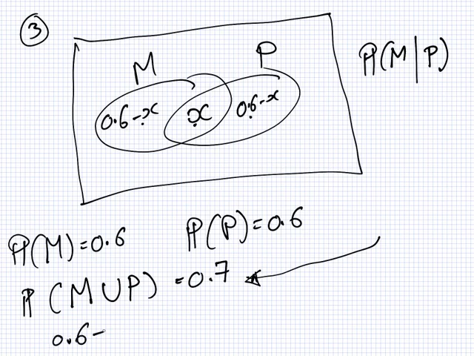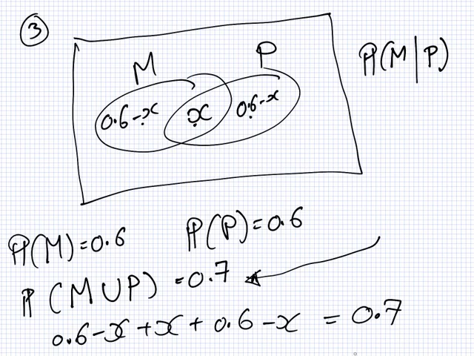0.6 minus x plus 0.6 minus x should equal 0.7. So let's get the x. 0.7 minus 0.6 minus 0.6. 0.5, but there's a minus and the minus is cancelled.